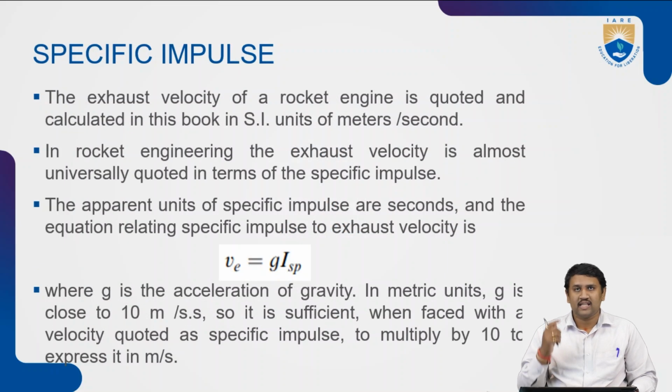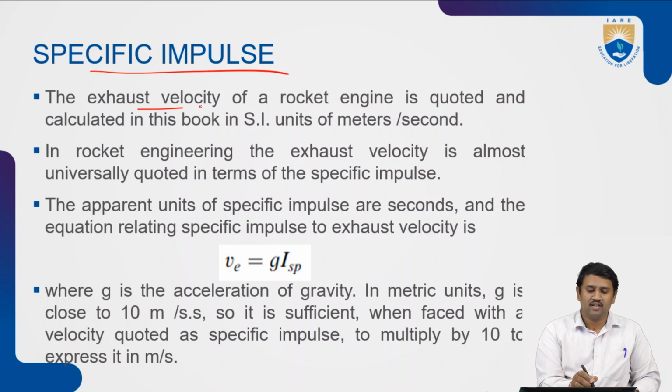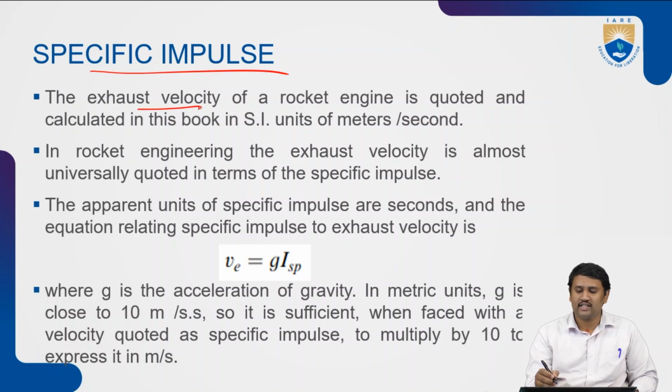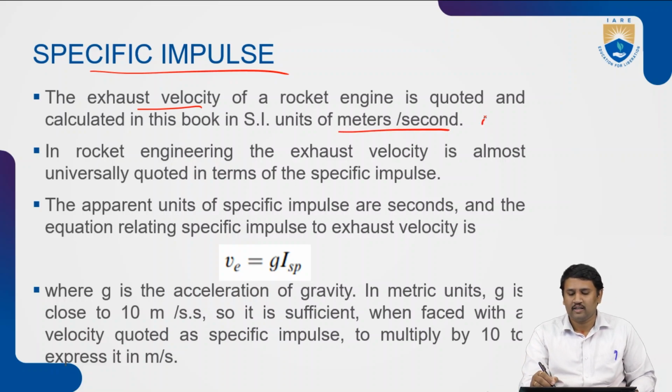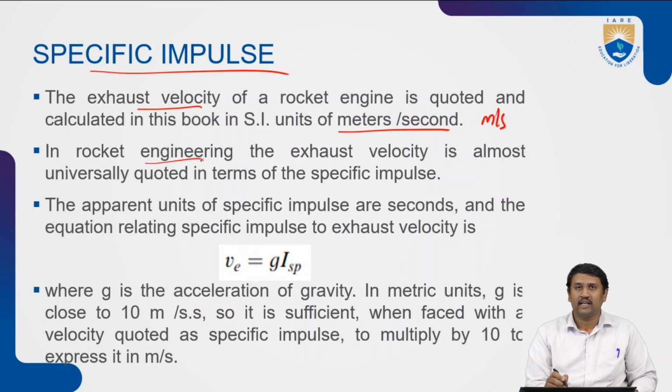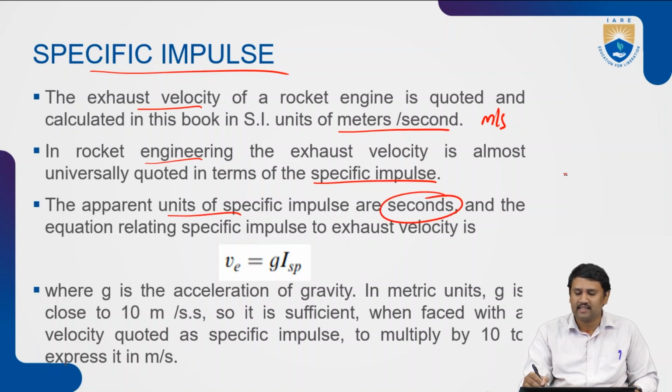That, with the mass flow rate, will define my thrust, particularly the rocket thrust. Now, under the same, we will try to understand specific impulse, right? The exhaust velocity for a rocket engine is quoted or calculated in any book in terms of meter per second, right? But in rocket engineering, the exhaust velocity is almost universally quoted in terms of specific impulse, right? And the apparent units, particularly in terms of specific impulse, are seconds.